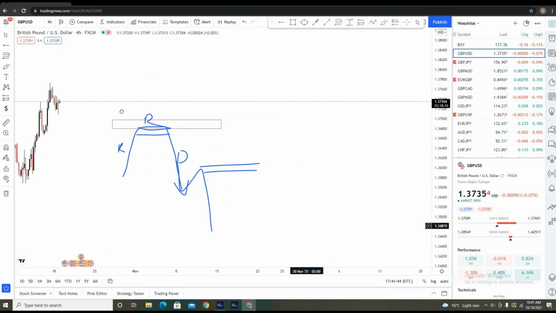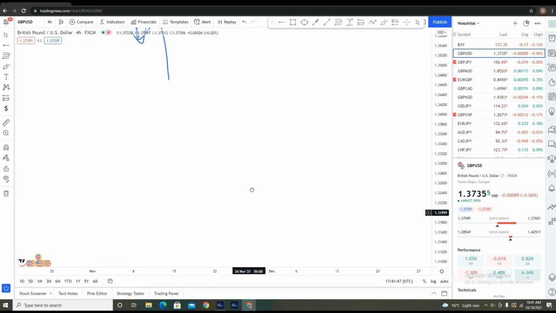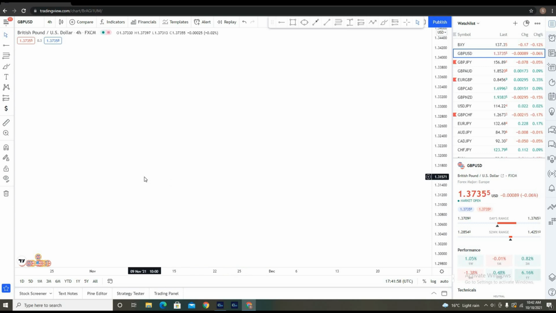The pattern that we're going to focus on here is a very simple pattern. Most of you, if you have an idea on supply and demand or order flow, maybe actually trade this pattern, but it just has a different name.